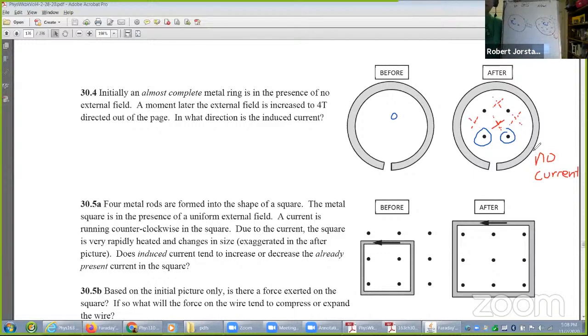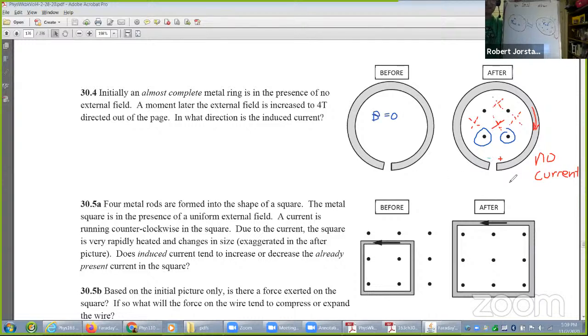Based on that, which way would current flow in the metal ring if it was actually connected? Clockwise. Yeah. Now, this is where things get crazy. I claim that's equivalent to this being a plus terminal of a battery and this being a negative terminal of a battery.